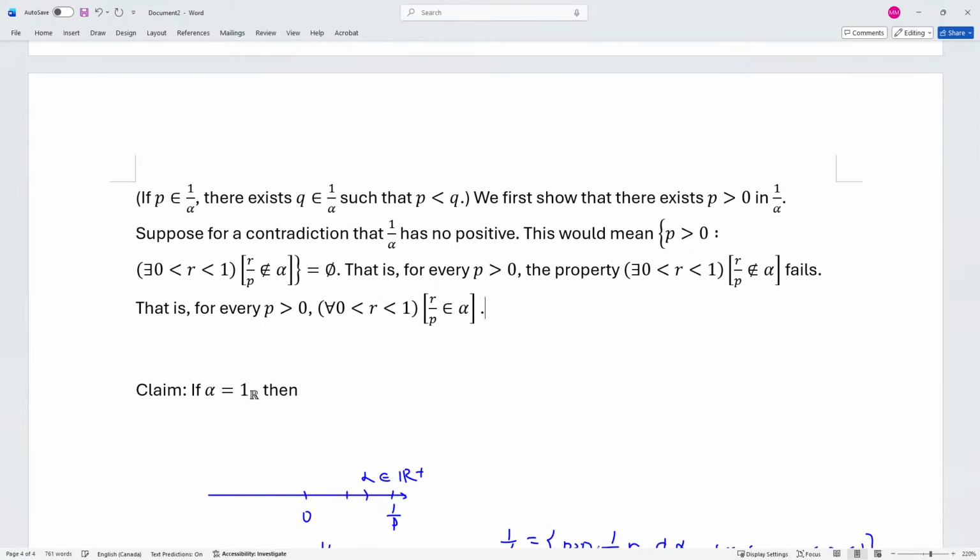So let me just pick 1/2 p. This is true for all r in 0 and 1, right? I can just pick r equals 1/2. So 1 over 2p is in alpha for every p.